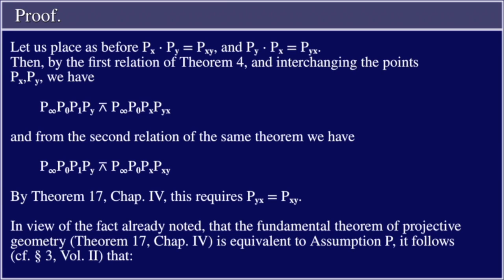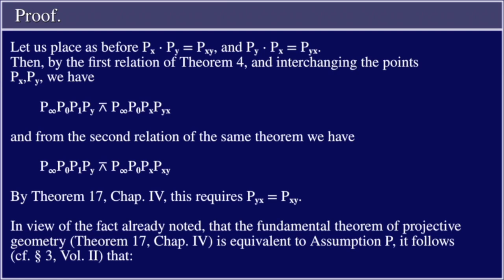And from the second relation of the same theorem, we have p infinity, p0, p1, py is projective with p infinity, p0, px, pxy. By Theorem 17, Chapter 4, this requires pyx equal to pxy.